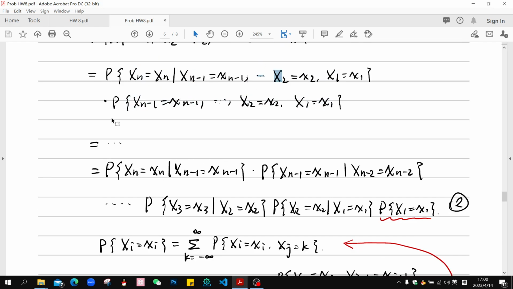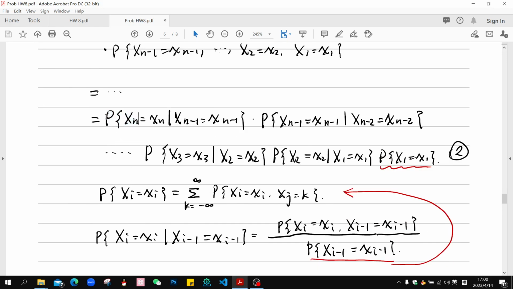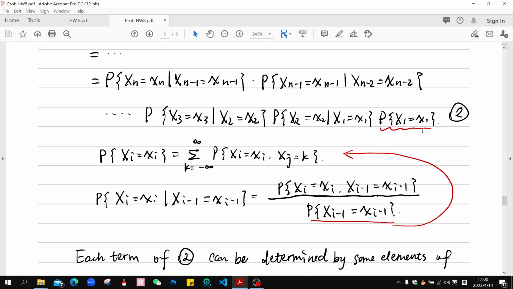We find that this term equals this conditional probability and this conditional probability and goes on to this term. We annotate it as number 2 because we have a number 1 in the previous answers.